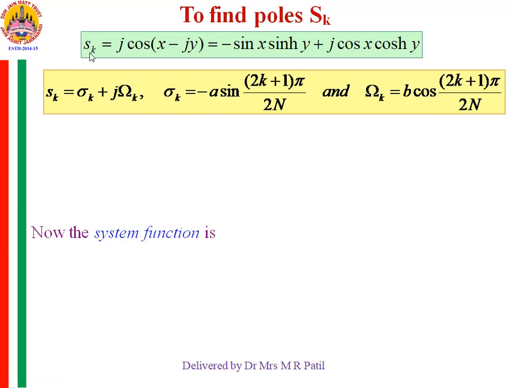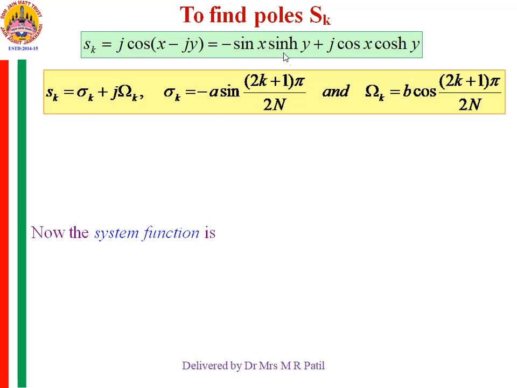So if I write this sk in terms of real part and imaginary part, sigma k plus j omega k, and if you compare this sigma k plus j omega k to this equation, your sigma k is minus a sine of (2k plus 1) by 2n pi. I am substituting here the value of x. Now what is this a?